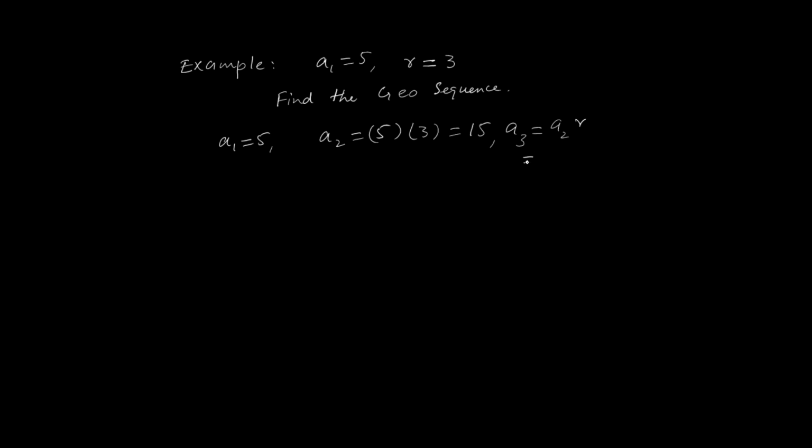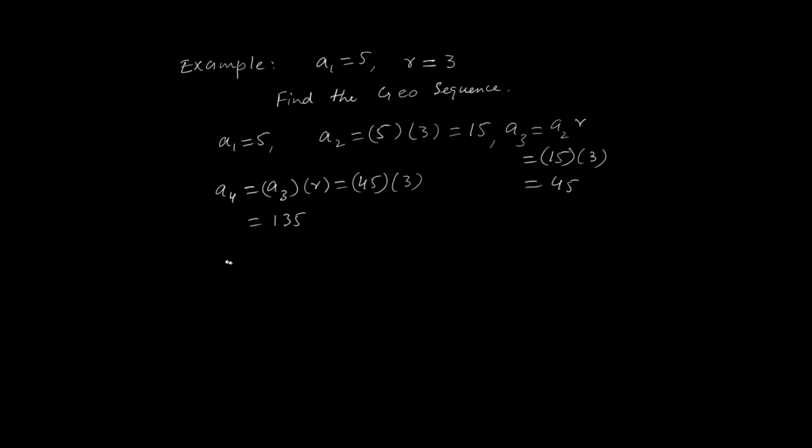So the second term is 15, multiplied by r, so 45. And the fourth term is the third term multiplied by r. So the third term is 45 multiplied by r. So this is 135. 5 3s are 15 and 4 3s are 12, 13.